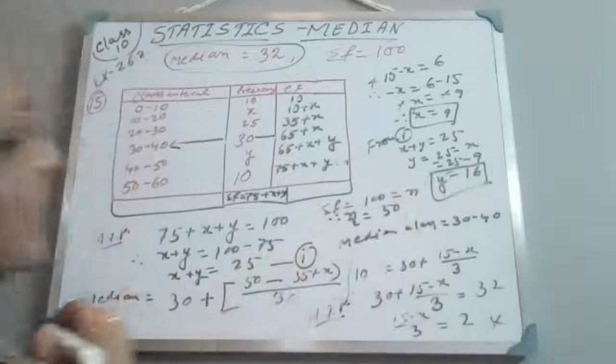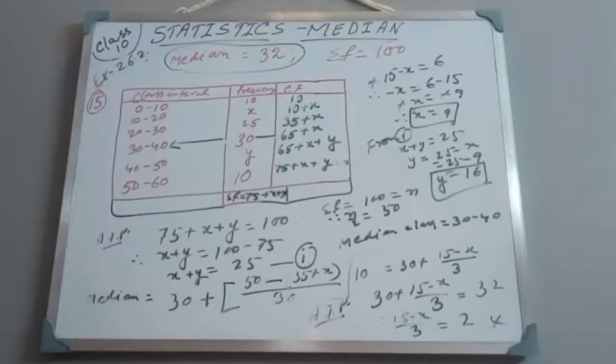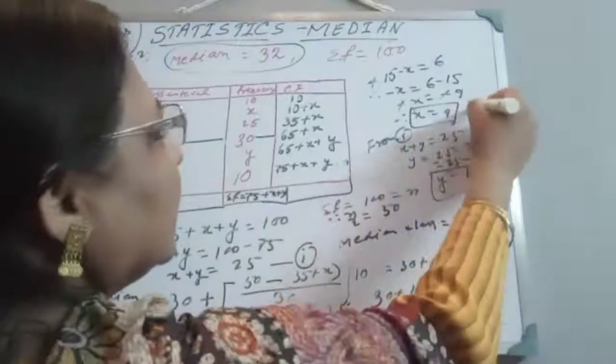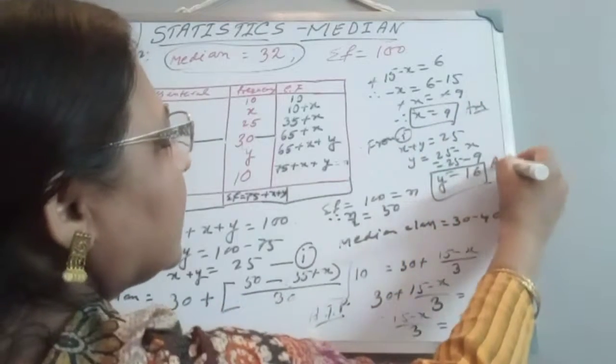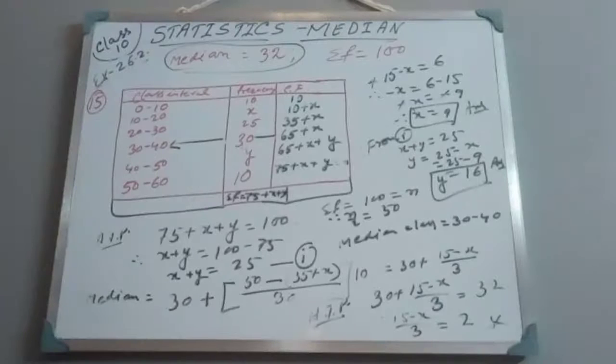The value of y is 16. So x is equal to 9 and y is equal to 16. These are the answers. Only the unknown values, x and y, we have to find out. I know now this is clear to you. It's a very important sum.